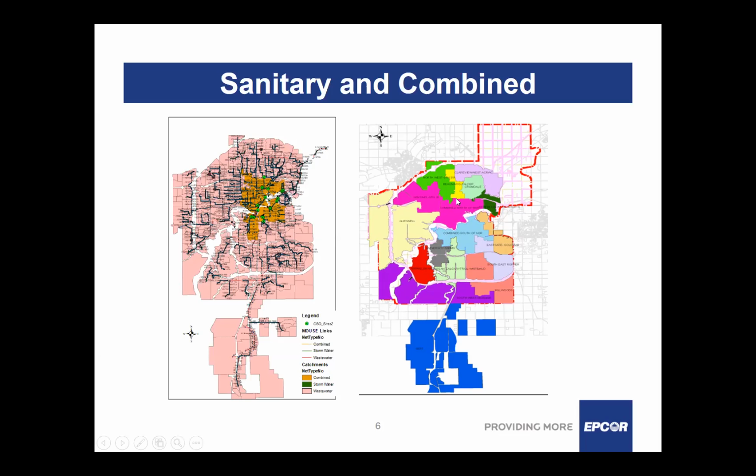On the right of the slide, I'm showing that, again, we have detailed models for this sanitary and combined system as well. But because the system is so big, we subdivided it into smaller, manageable sewer sheds. Those are shown in the colors that you see there. A lot of factors were used to delineate these sewer sheds.